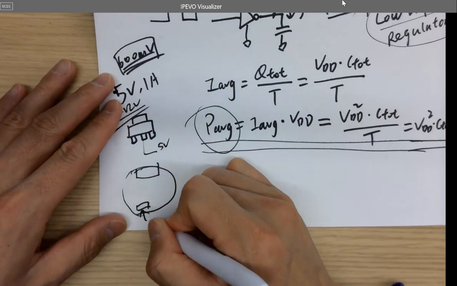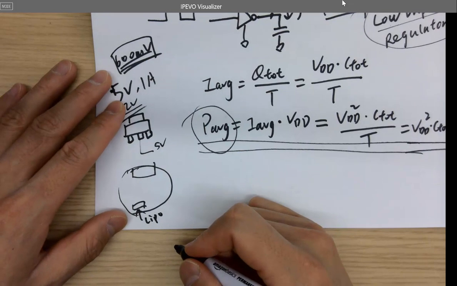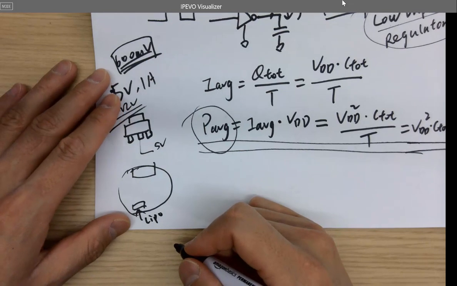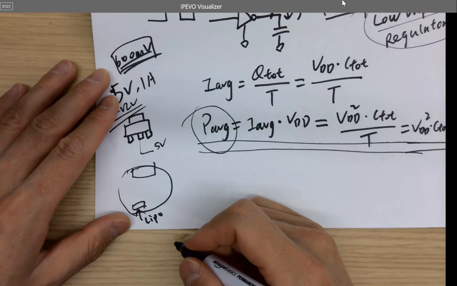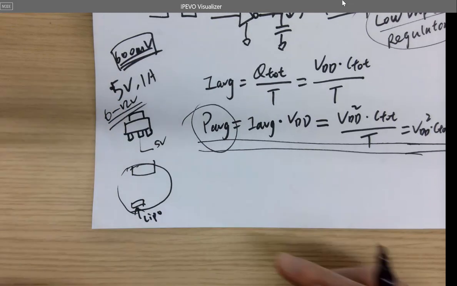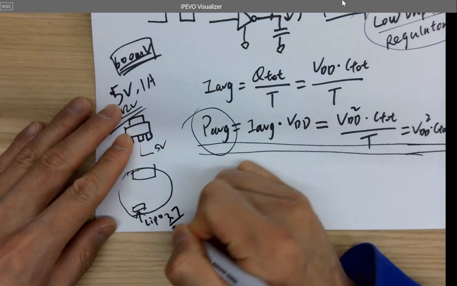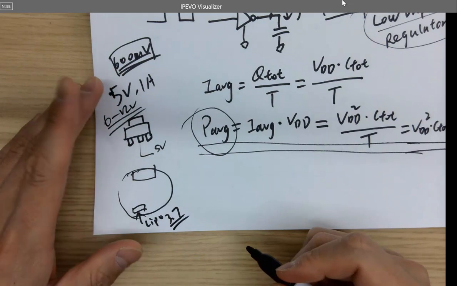So one LiPo battery cell is how many volts? You should know that actually because it's really hands-on. 3.7 volts. Okay, so 3.7 volts for each LiPo battery cell.